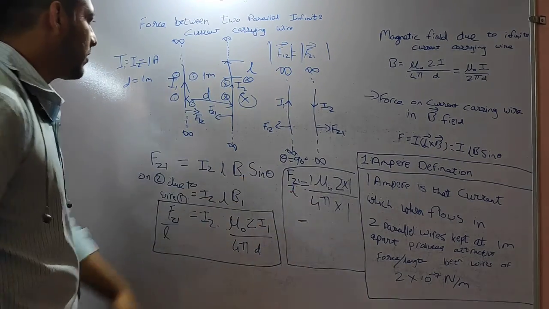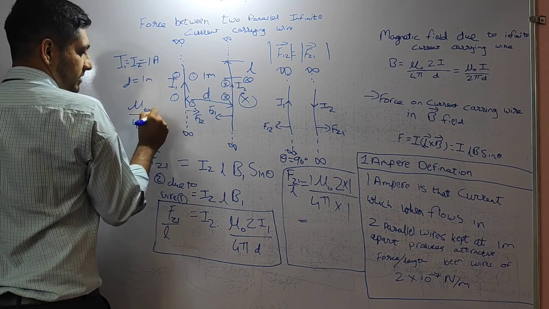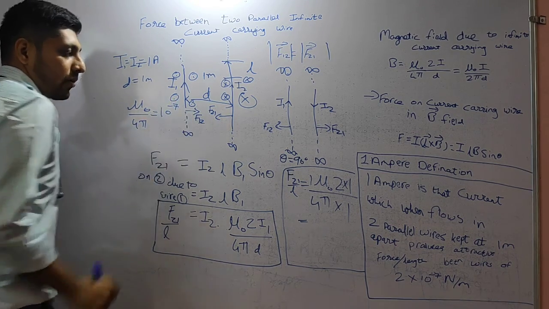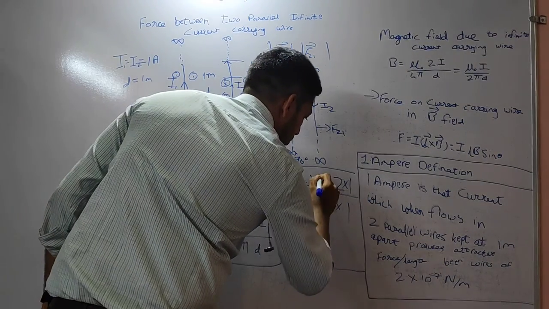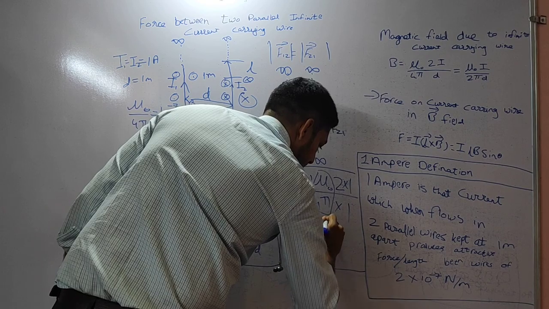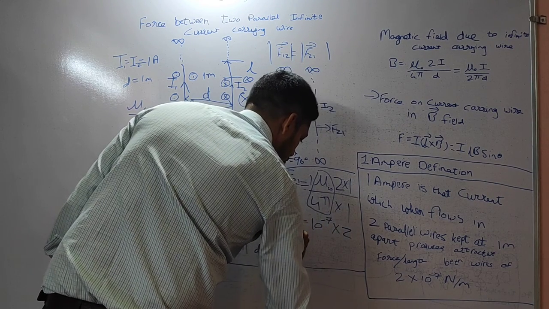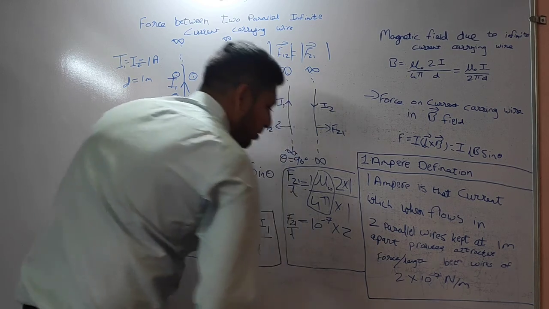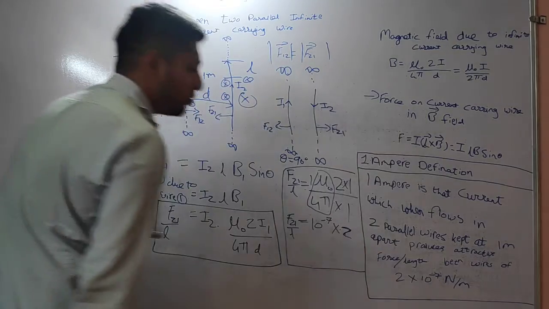You know the value of mu 0 upon 4 pi is 10 raised to minus 7. We have already studied it at the start of the chapter. So this term will become 10 raised to minus 7 into 2. So this will be the force per unit length: 10 raised to minus 7 into 2.